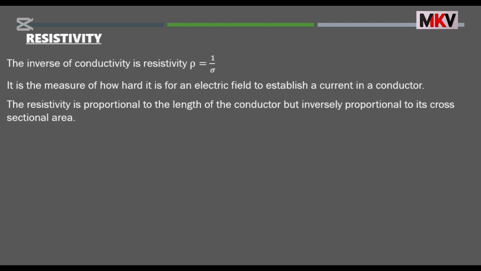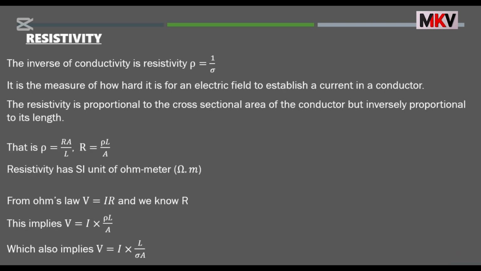So now let's look at resistivity. The inverse of conductivity is resistivity. So we have rho equal to 1 over conductivity. It is the measure of how hard it is for an electric field to establish a current in the conductor. So how difficult it becomes for an electric field in the conductor to establish a current within the conductor is termed the resistivity.